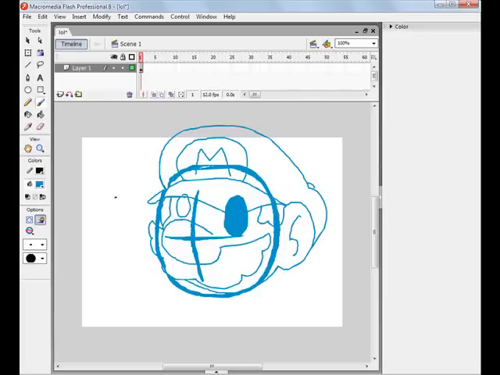And then you make the second eye. I tend to make the second eye just under the bill of the hat, because it gives it a cool look, in my way of thinking. And yes, his eyes do go over his hat.